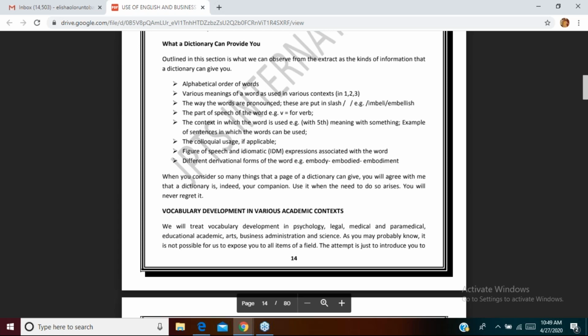So the part of speech of the word, e.g., verb, V for verb. Sometimes you see V for what? For verb. Sometimes you see N for what? For noun. So the context in which the word is used, don't forget we said what a dictionary can provide you. The context in which the word is what? Used.